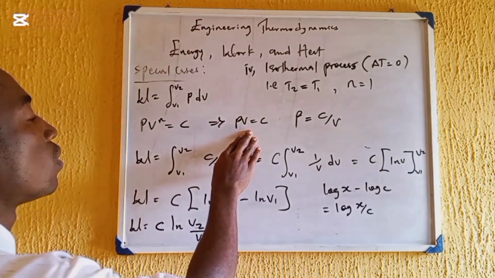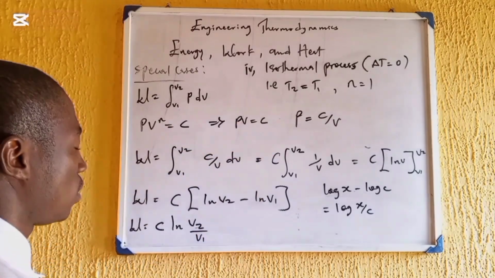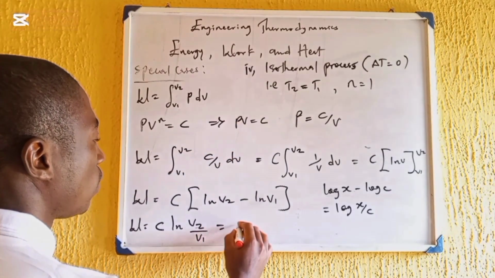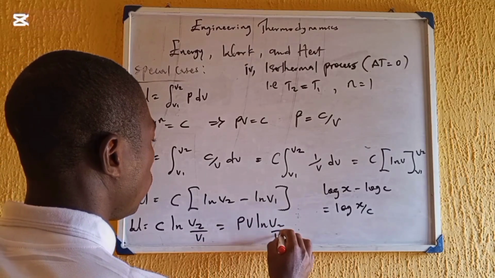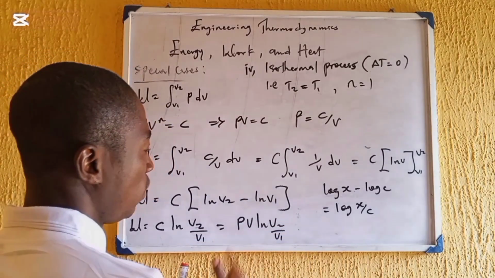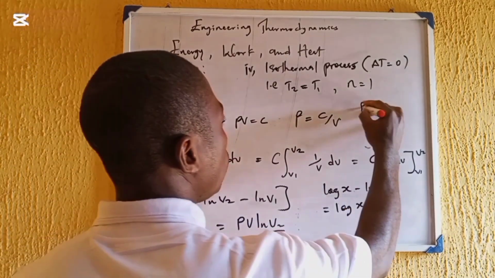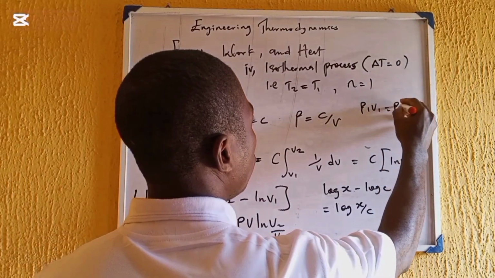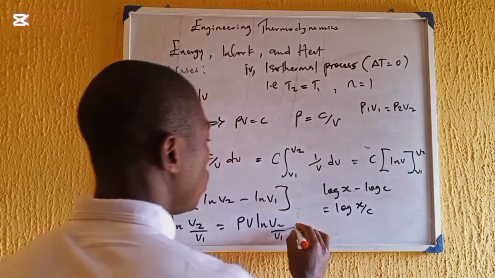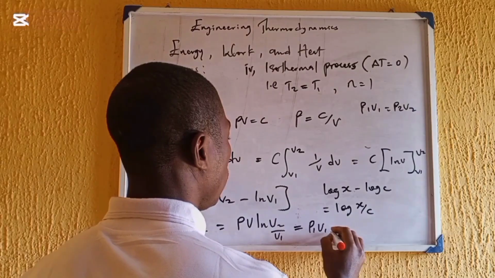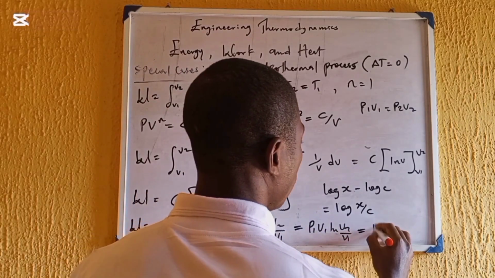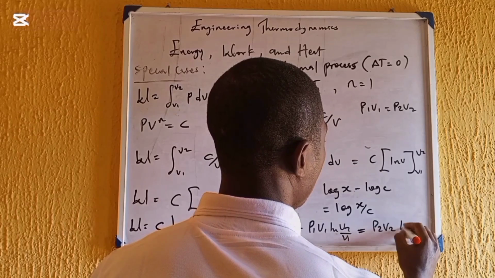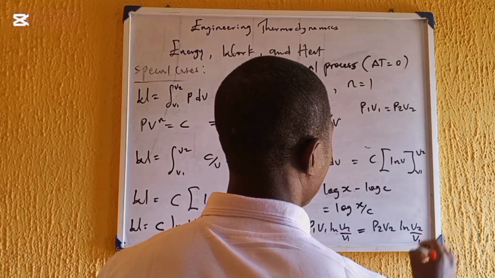We'll go back to our formula. PV is equal to C. So in that case, we are having PV ln V2 over V1. Now, this PV here simply means P1 V1, which is equal to P2 V2. So we are having P1 V1 ln V2 over V1, which is equal to P2 V2 ln V2 over V1.